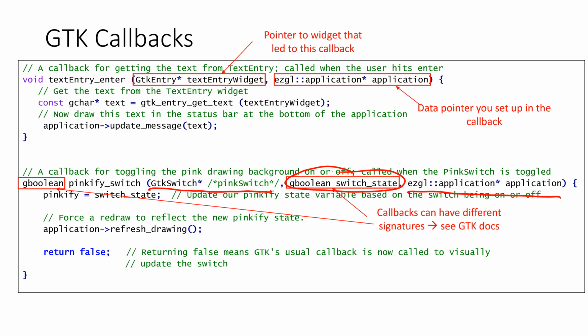That's the whole point of this UI, so they pass it to you. This particular function also doesn't return void, it returns a Boolean. And that Boolean says, do you want GTK to do the usual update of the switch state, like the visual update? So what this means is you have to read the GTK documentation carefully, right? When you set up a callback, you got to get the exact right parameters. They're not always the same.